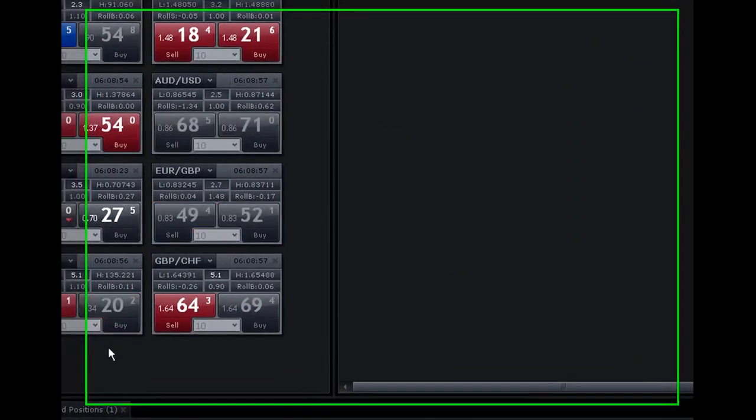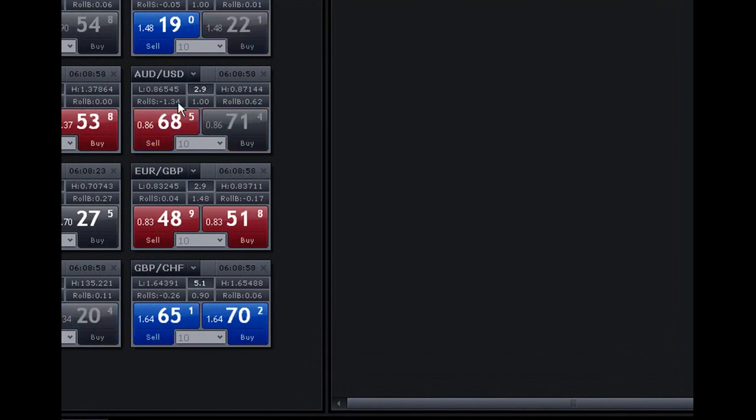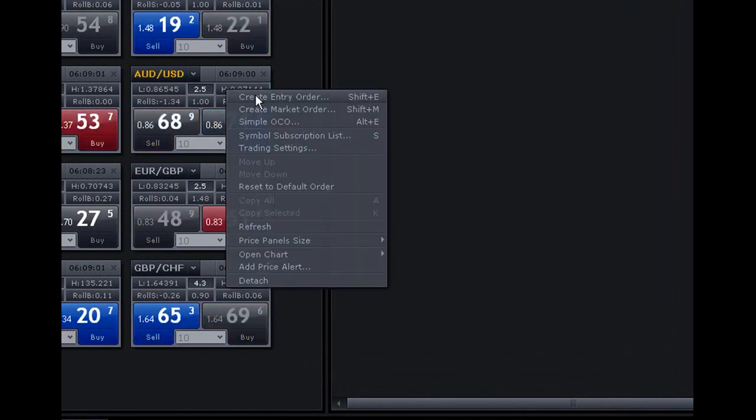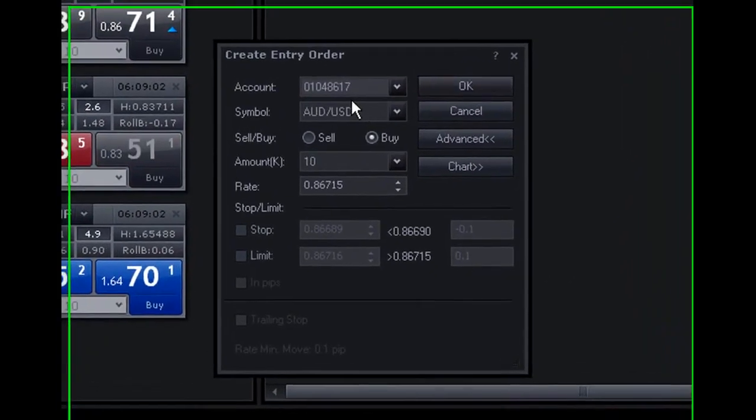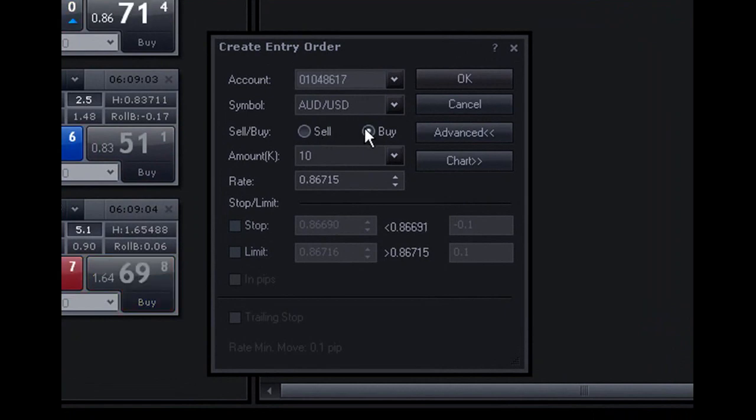So we come to our broker screen. Australian dollar against US dollar is here. Right click on it, create entry order. We want to buy 476,000 at 0.8660 and tick the stop, and we want to be putting our stop at 0.8639.